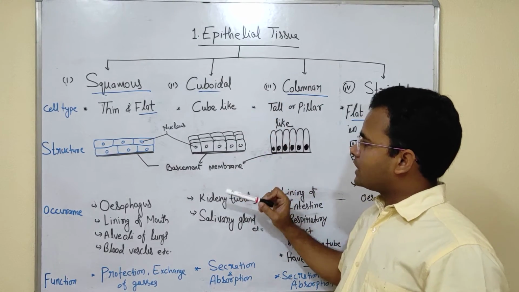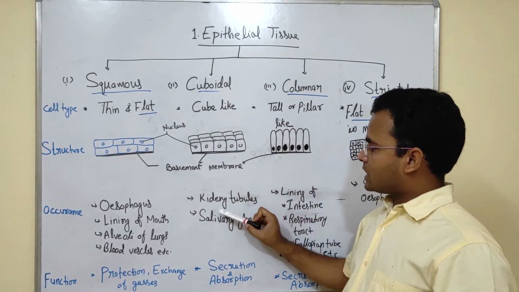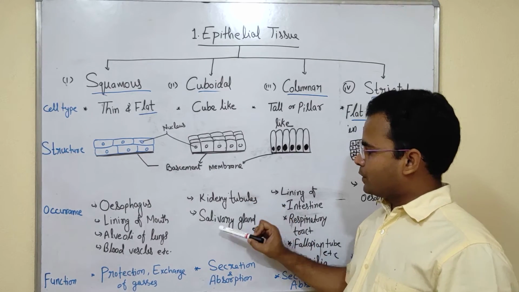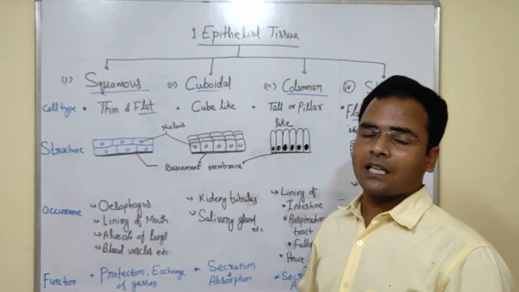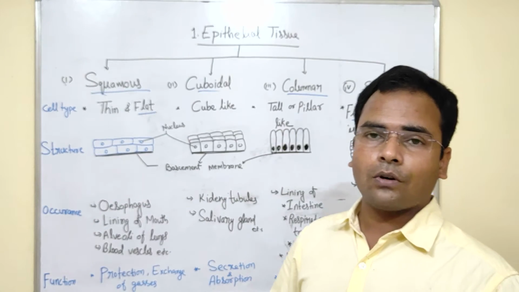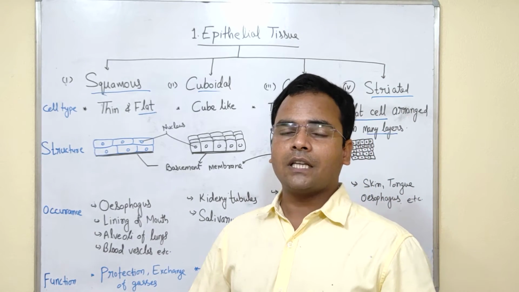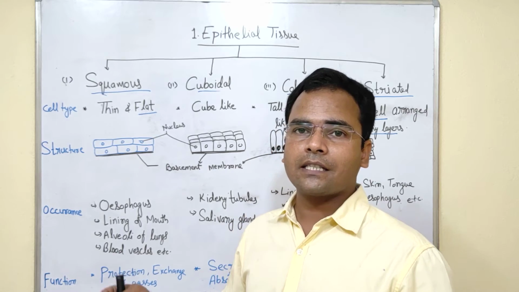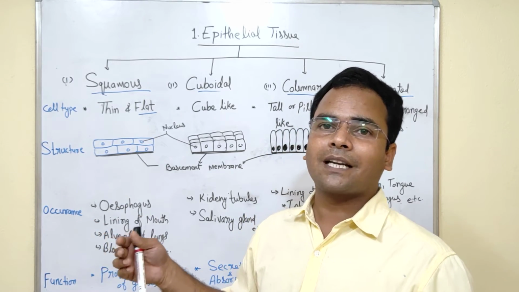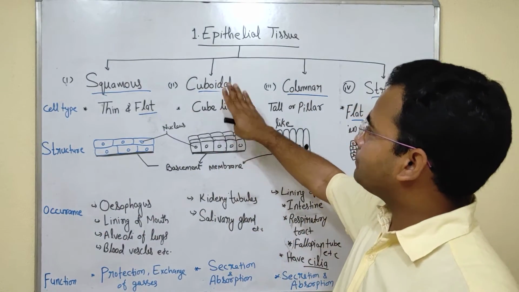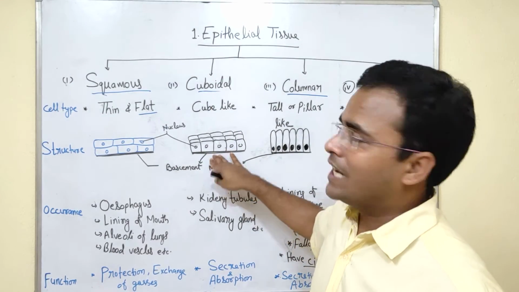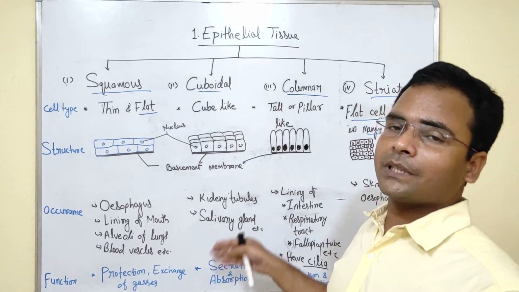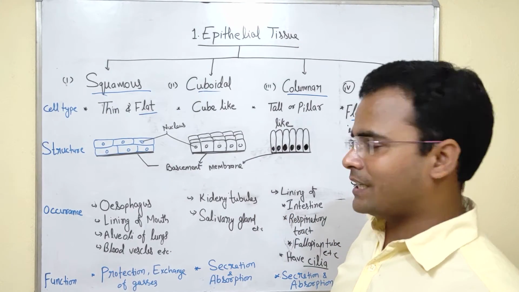Next one is the cuboidal. They are cube-like structures, present in the kidney tubules and salivary gland, hence also known as glandular cells, glandular tissue. Somewhere it is also written as a separate type, the glandular. If the cuboidal cells are secretory in function, we can add one more type of epithelial tissue, that is glandular tissue.